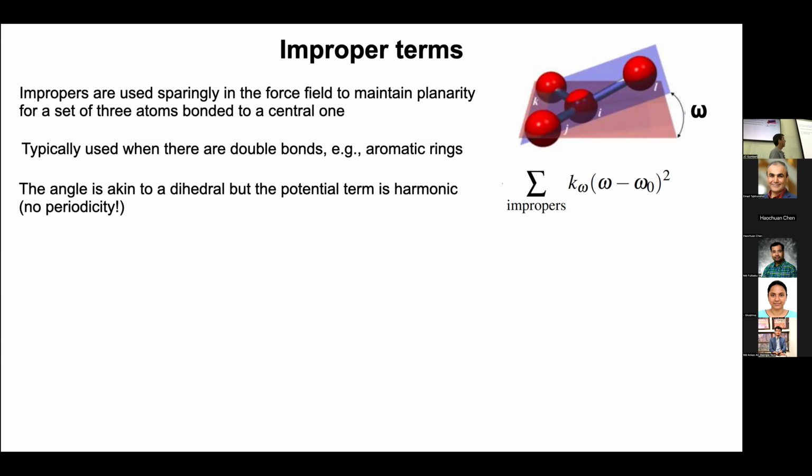In particular, it's 4 atoms with 1 central atom, so 3 of them bonded to 1 in the middle. If you know those should be planar, you can add an improper term to your force field. You notice this is a dihedral angle, but instead of that cosine, it is harmonic. This basically means it does not have periodicity. It's trying to keep it close to 0, or at least some limited value.